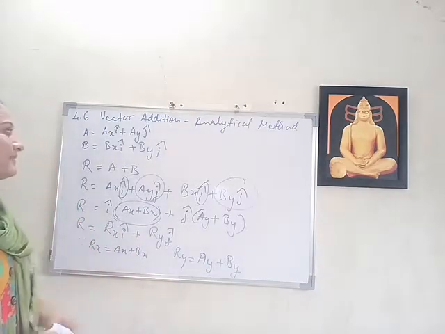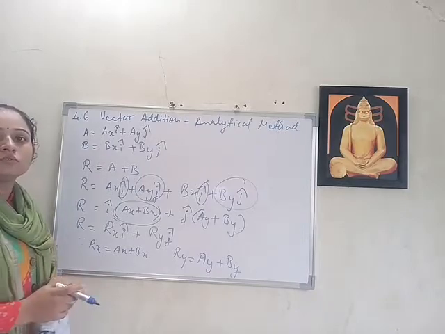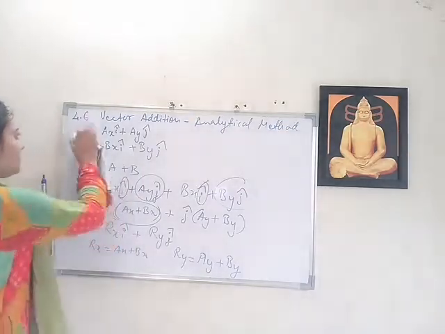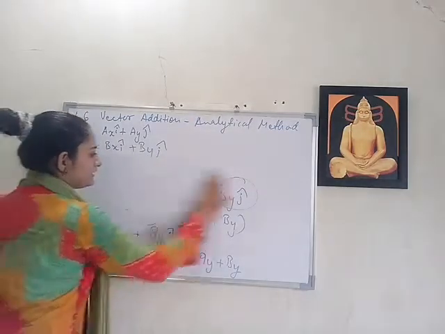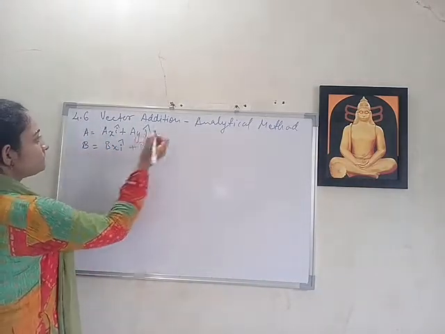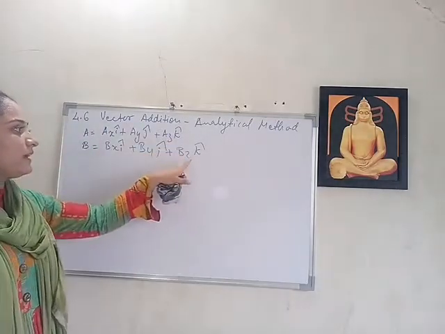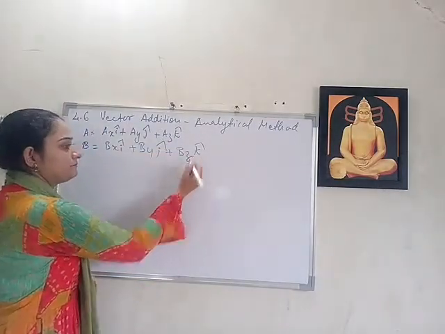Now we can extend this through 3 components. Say for example, consider it in 3 dimensions, that is Az k and Bz k.